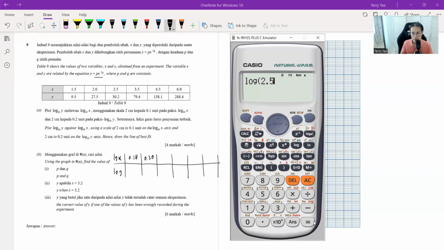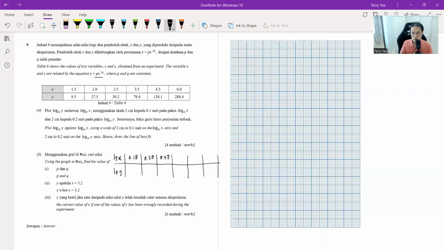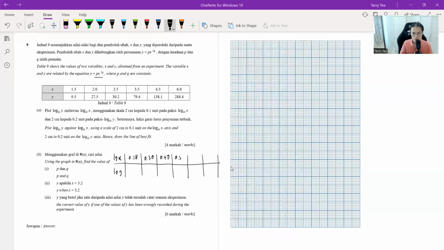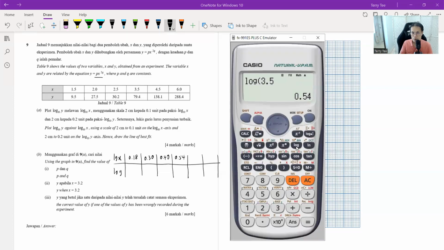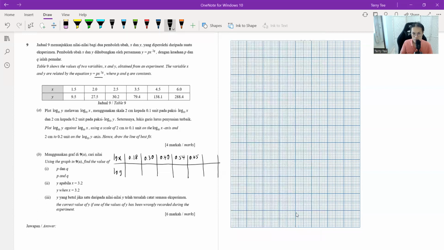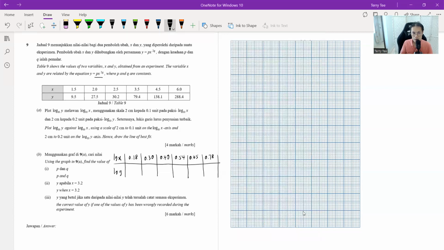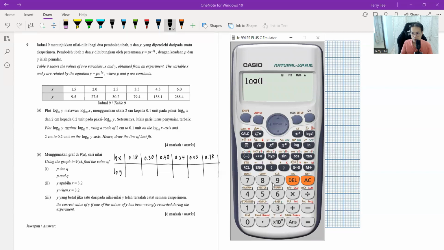Log 2.5, I got 0.40. Log 3.5, I will get 0.54. Log 4.5 is 0.65. Log 6 is 0.78. Next, log 9.5, I got 0.98.